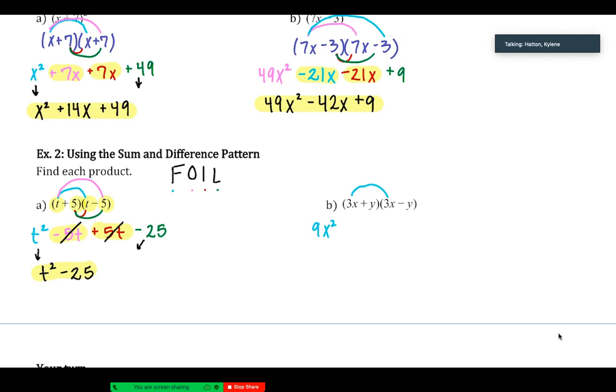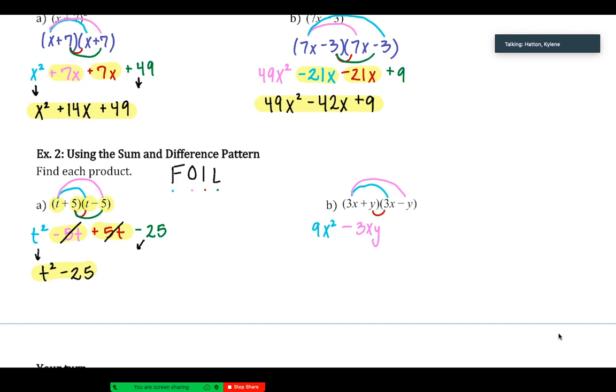And then if I multiply the outer terms, 3x times negative y. It's a positive times a negative, so I know that product will be negative. And 3x times y, I can't combine the x and y together. I just write them side by side. So that's negative 3xy. And then when I multiply the inner terms together, y times 3x. Same thing, I can't put the x and y together.